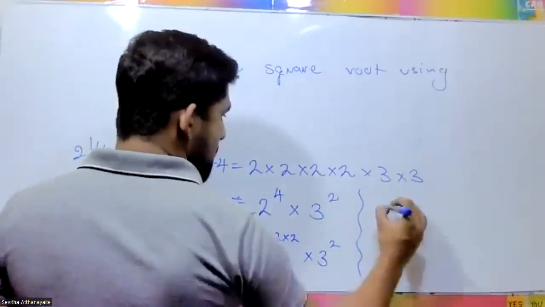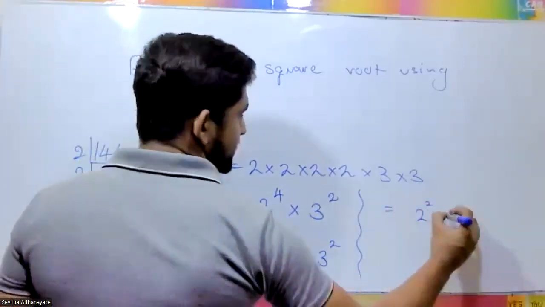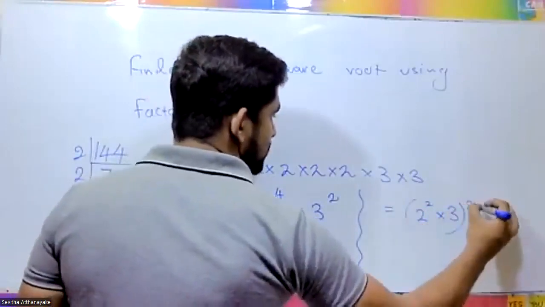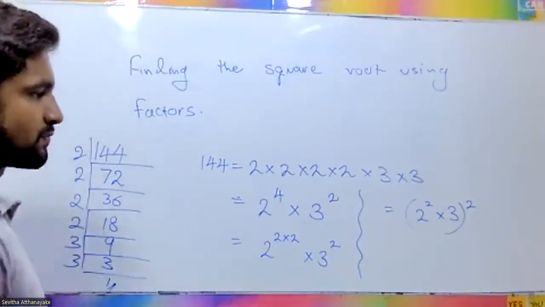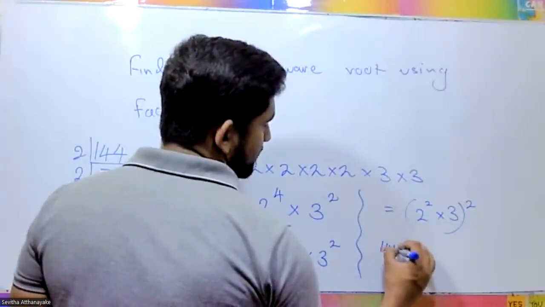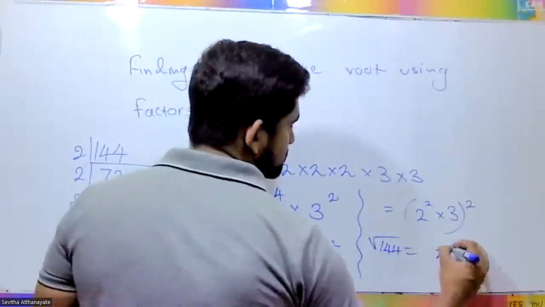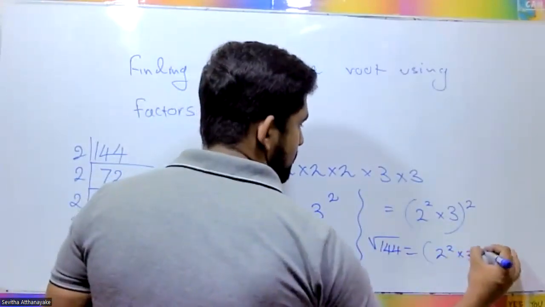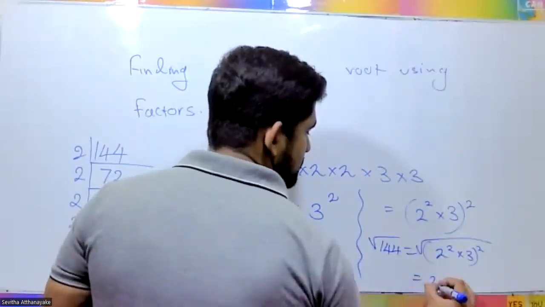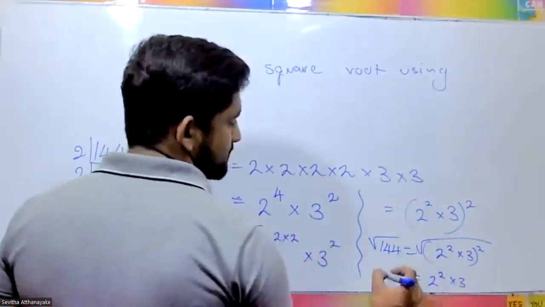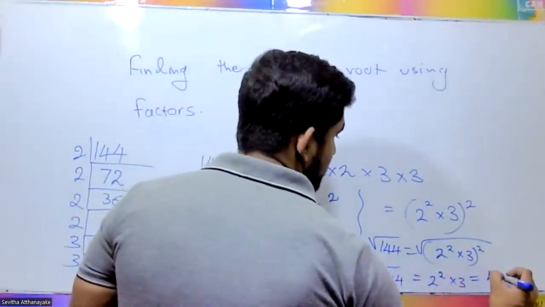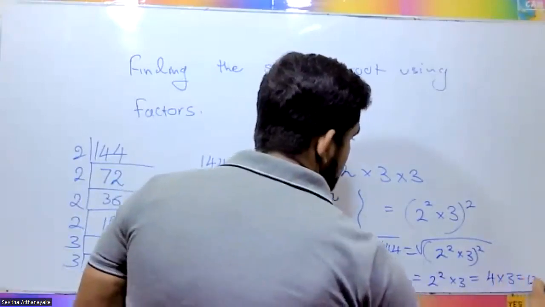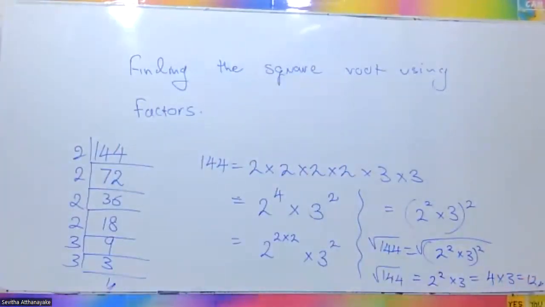Then 2 squared multiplied by 3, again whole thing squared. Then root 144, 2 squared into 3. 2 squared is 4. 4 times 3 is 12. Write down this.